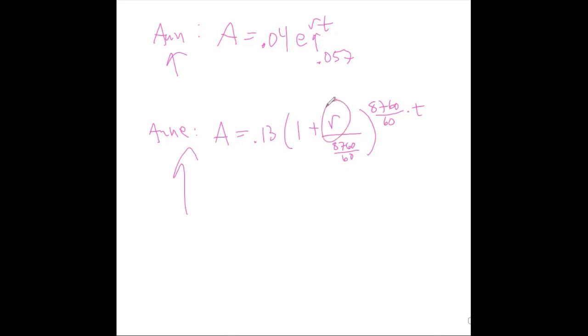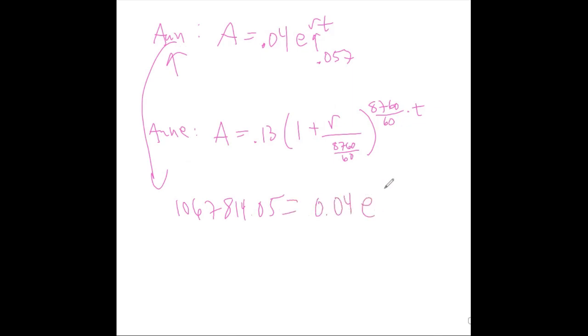So the goal is R. That's the goal, to find R for Anne with an E. And we know that for the first person, let's go down here, their account is going to be worth 1067814.05 equals 0.04 e to the power of 0.057t.